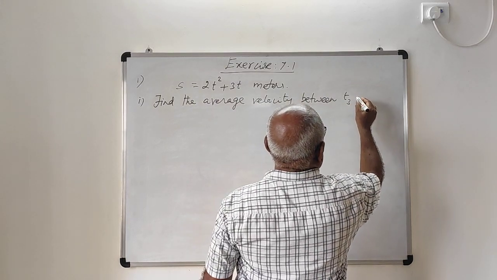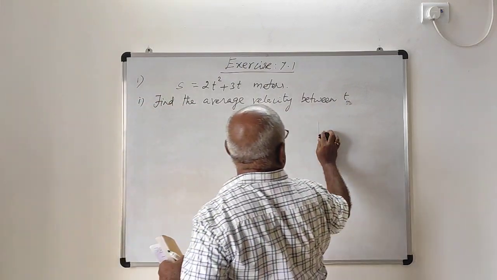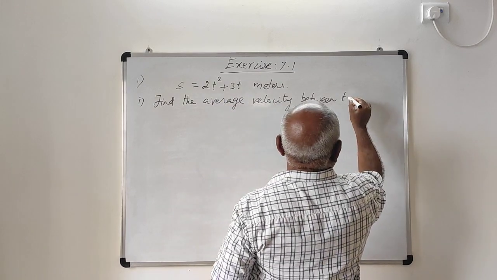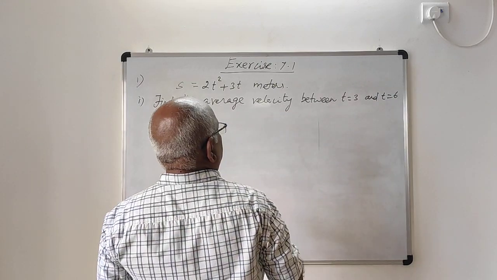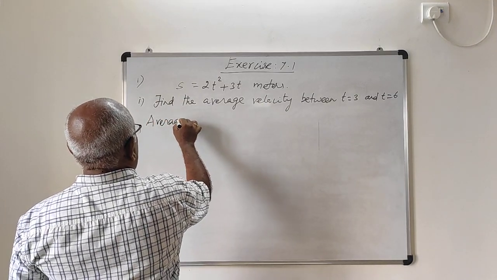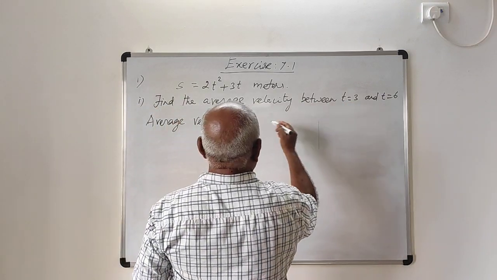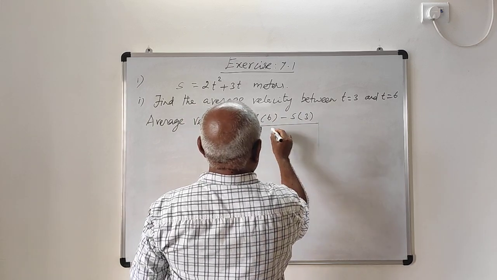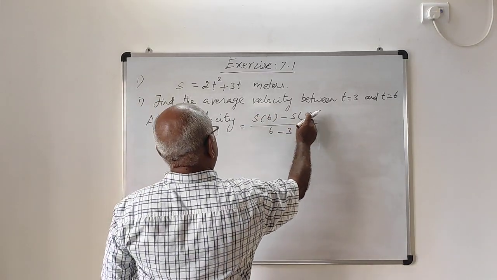We know that the average velocity between t equals 3 and t equals 6 is S6 minus S3 by 6 minus 3, that is, distance at 6 minus distance at 3 by 6 minus 3.